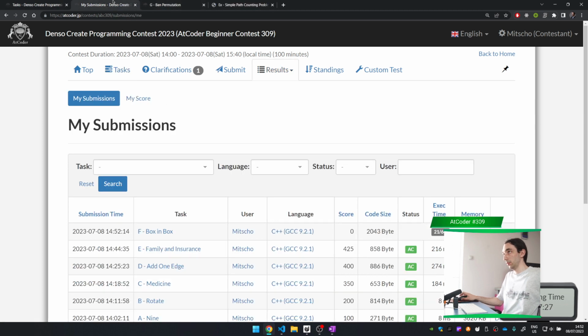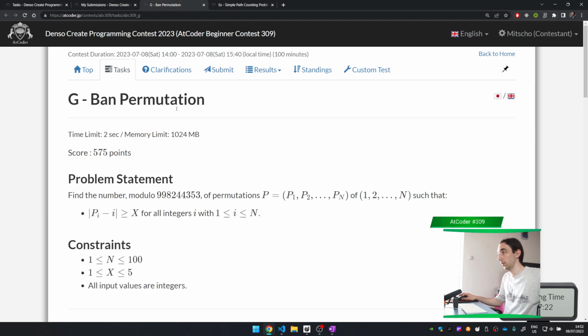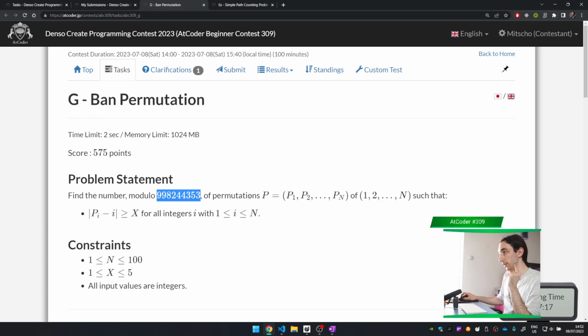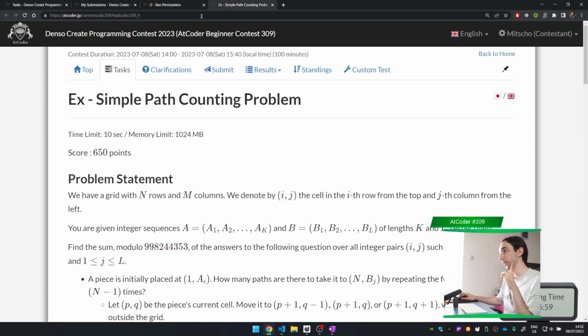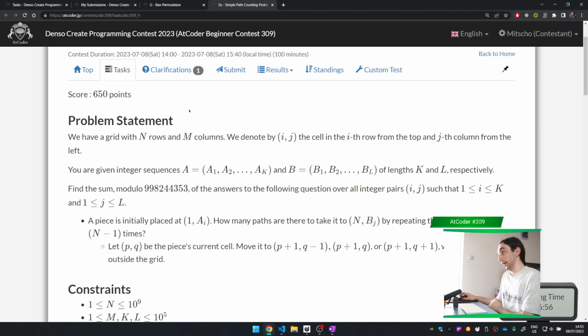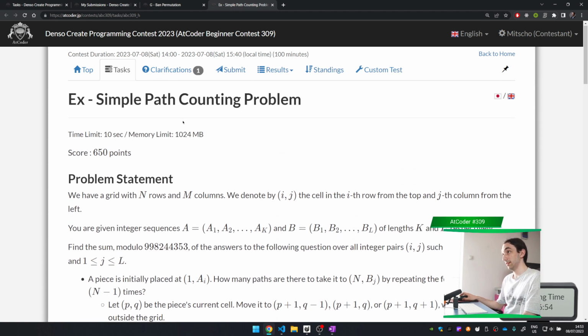Now that we solved through F, okay, there's G. Find the number modulo this of permutations such that the absolute difference between this and its index is greater than x. And x is up to 5. So this is kind of an interesting simple problem. Okay, we got accepted through F. And this is EX.